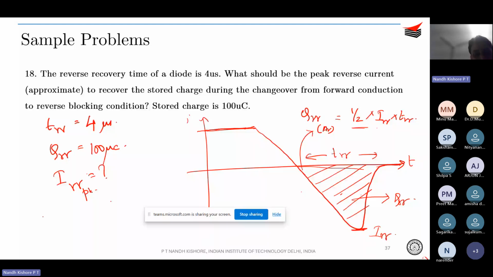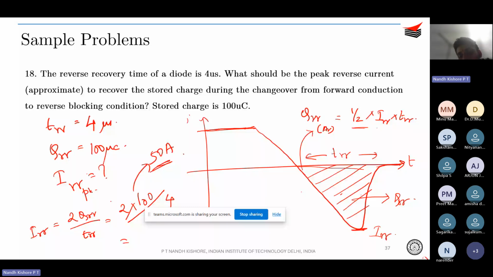So QRR is given, TRR is given, therefore IRR will be 2QRR divided by TRR, right? So 2 into 100 divided by 4. Okay, micro and micro get cancelled eventually. So you get 50 amperes. 50 amperes. Okay, simple, right?